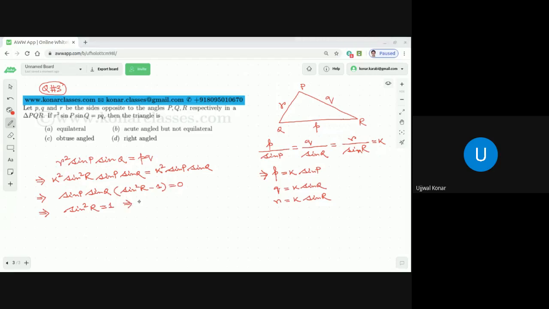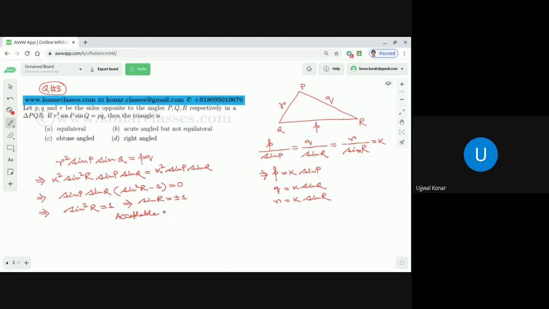So from here, we can take the value of sine R is equal to plus minus 1. But dear students, any angle of a triangle, here R cannot be minus 1.